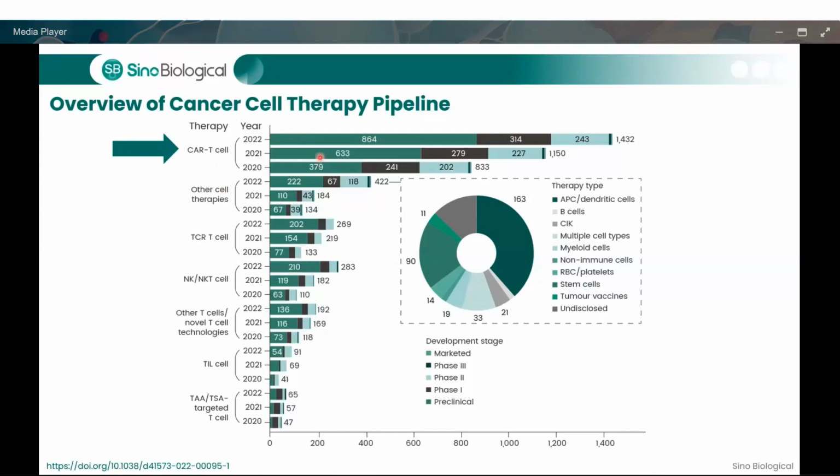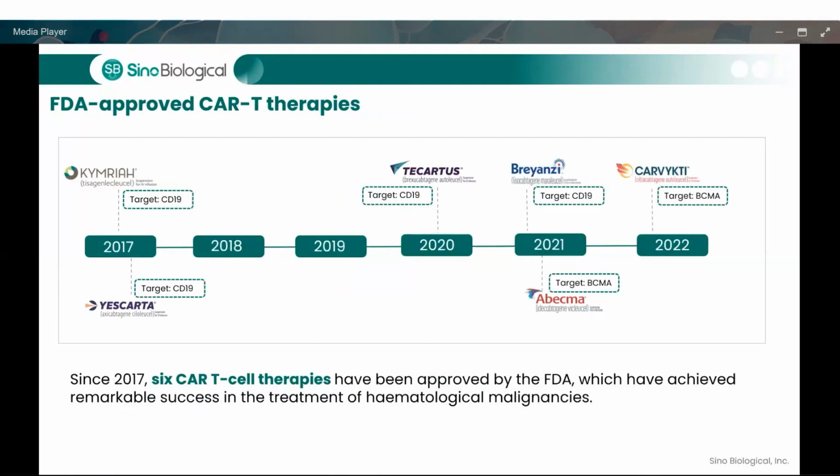In the distribution of cell therapy pipelines under development, we can see that the CAR-T pipeline is significantly leading the clinic compared to all the other immunotherapies. Since the FDA approved the first CAR-T cell therapy, Kymriah, in 2017, there are currently 6 CAR-T drugs approved by the FDA, targeting CD19 and BCMA.